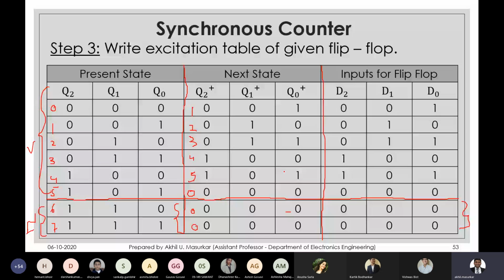So at least do the design. Implementation can happen anytime. I will show you the implementation. Implementation you can do later on, but I am slightly more interested in the design part of it, because once you have the equations for D2, D1 and D0, it is just drag and drop in the simulator.